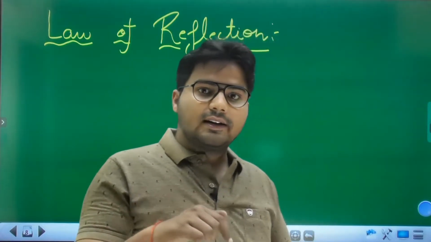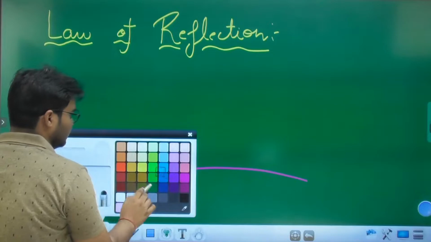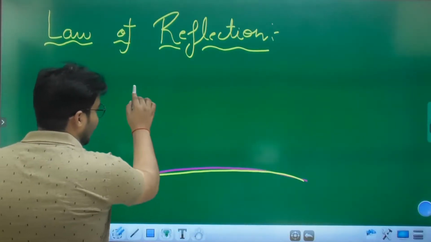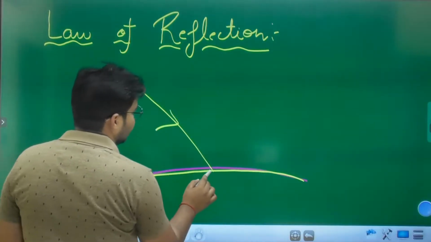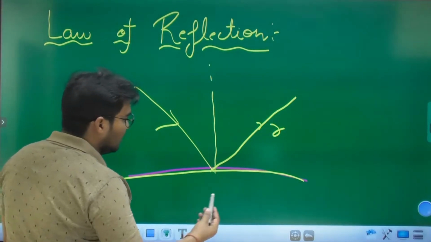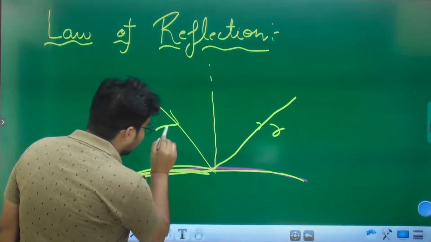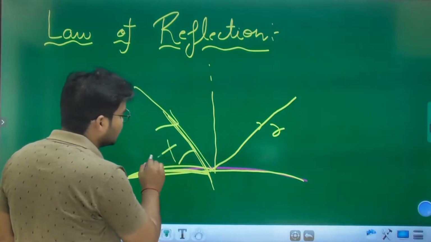Suppose this one is your polished surface, this one is your incident ray, this one is your reflected ray, and this one is your normal. You will not take the angle of incidence between the polished surface and the incident ray. This one is the wrong way.